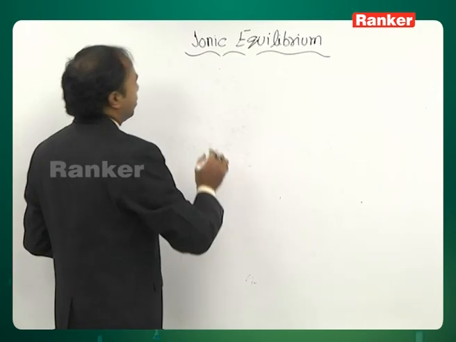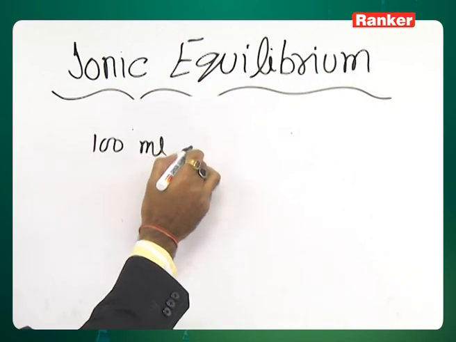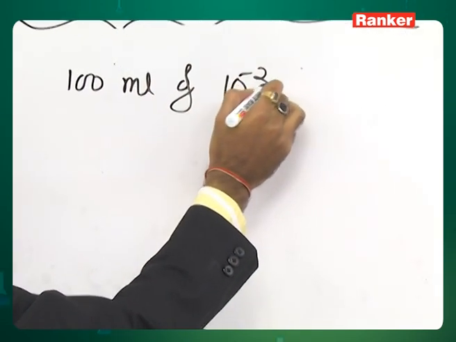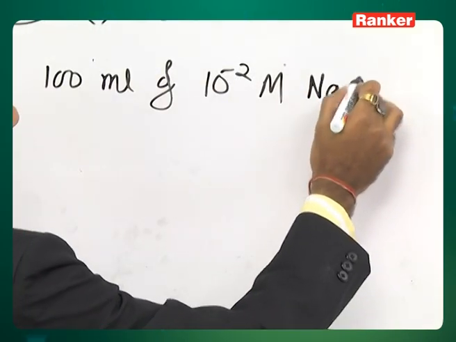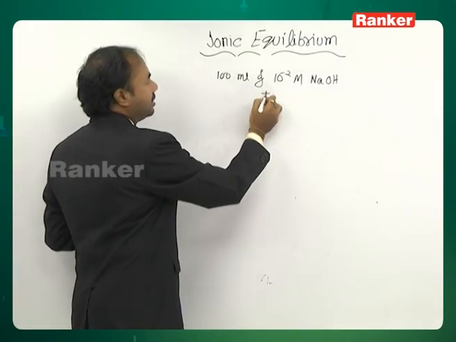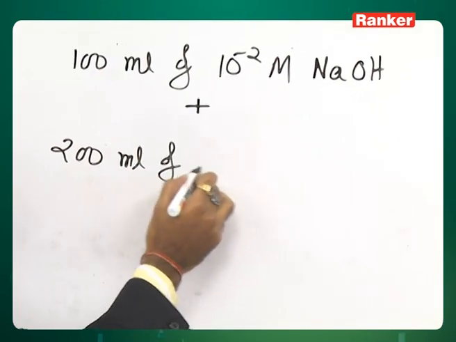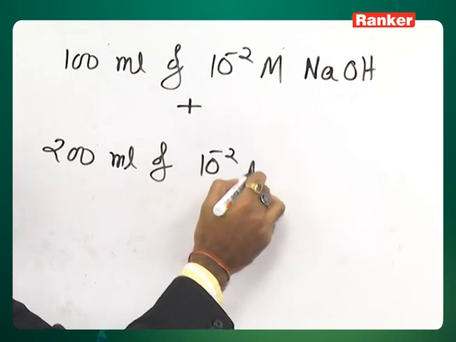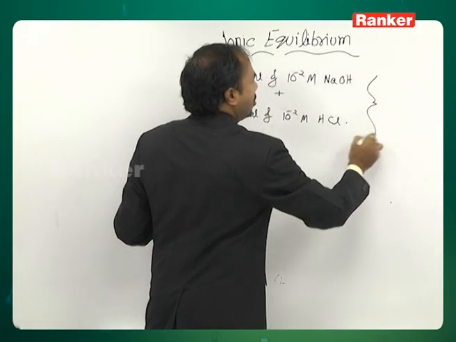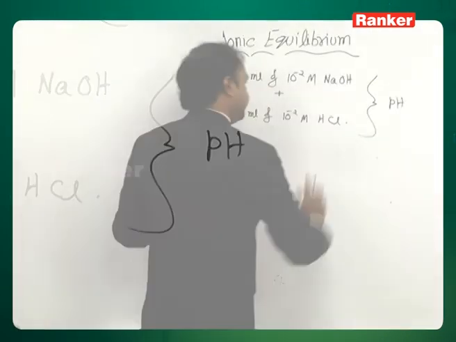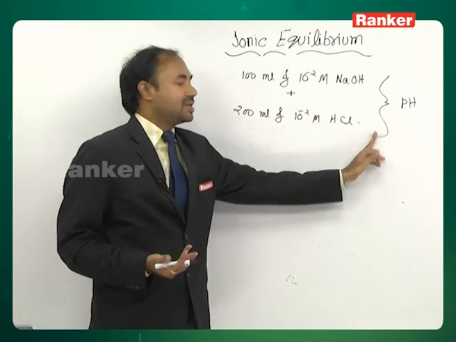Suppose you are given a question that we have mixed 100 ml of 10 to the power minus 2 molar NaOH solution with 200 ml of 10 to the power minus 2 molar HCl solution. What will be the pH of the resultant solution? We have mixed these two, and he is asking you the pH of the resultant solution.